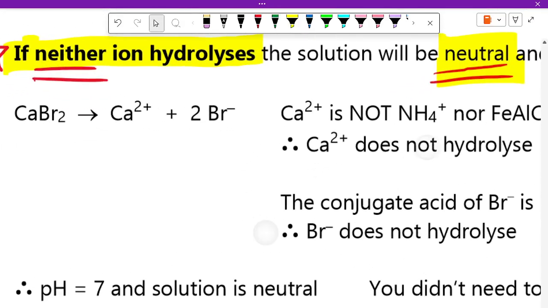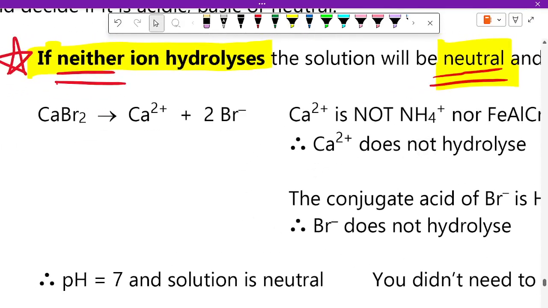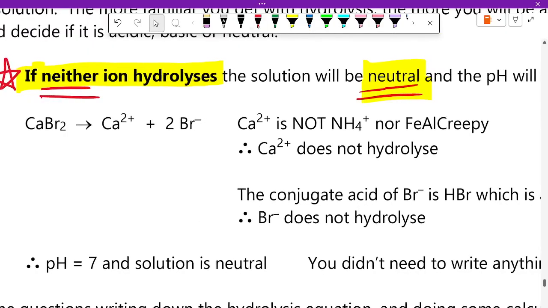So if we look at calcium bromide, calcium is not one of our 4 cations. It's not ammonium. It's not Fe, Al or Cr. So it does not hydrolyze.